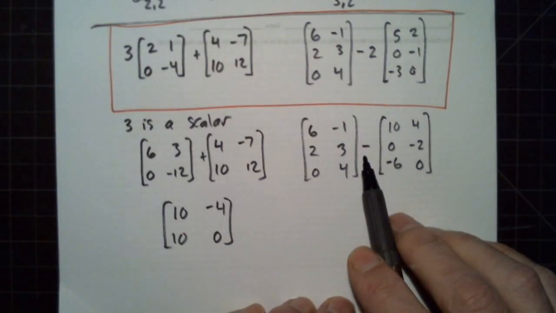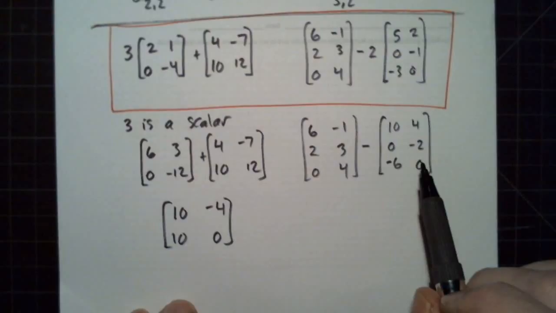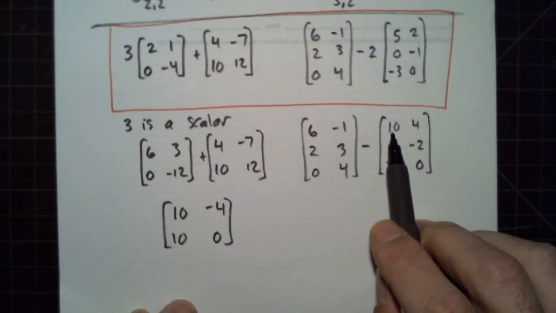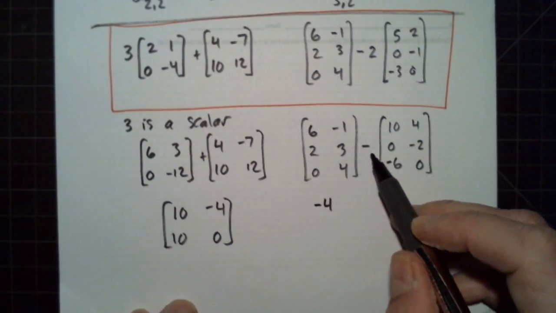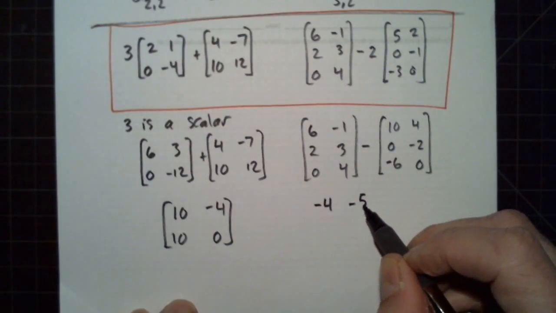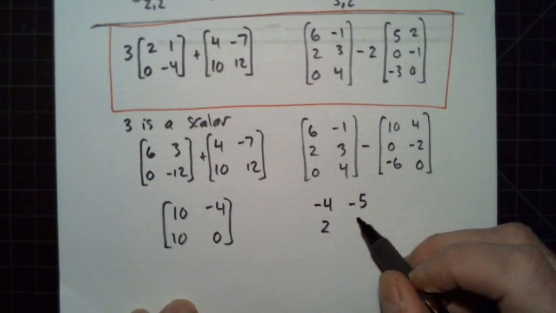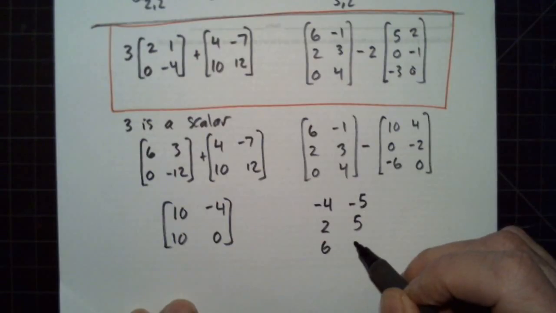So I kept the subtraction, and here 2 is a scalar, and now we just subtract the corresponding elements. 6 minus 10, negative 1 minus 4, 2 minus 0, 3 plus 2, and 0 plus 6, 4 minus 0.